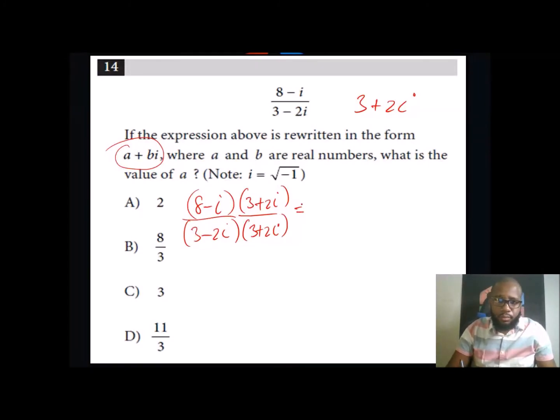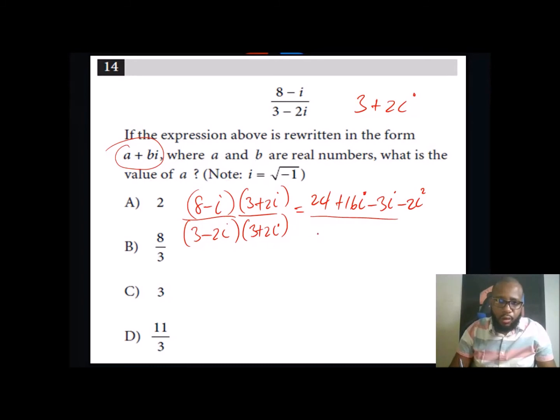So let's go. We're going to FOIL this. So that would be 8 times 3, that's 24. 8 times 2i, that's 16i. Negative i times 3, that's negative 3i. And negative i times 2i, that will be negative 2i squared.